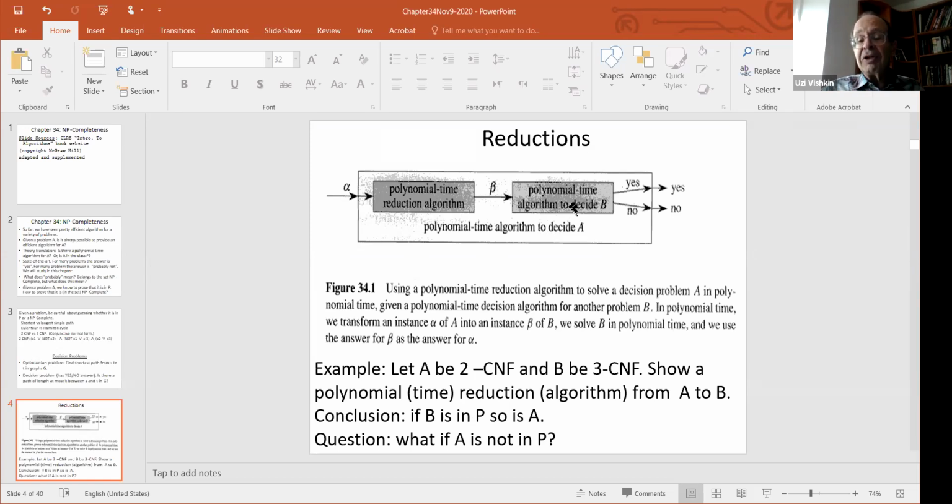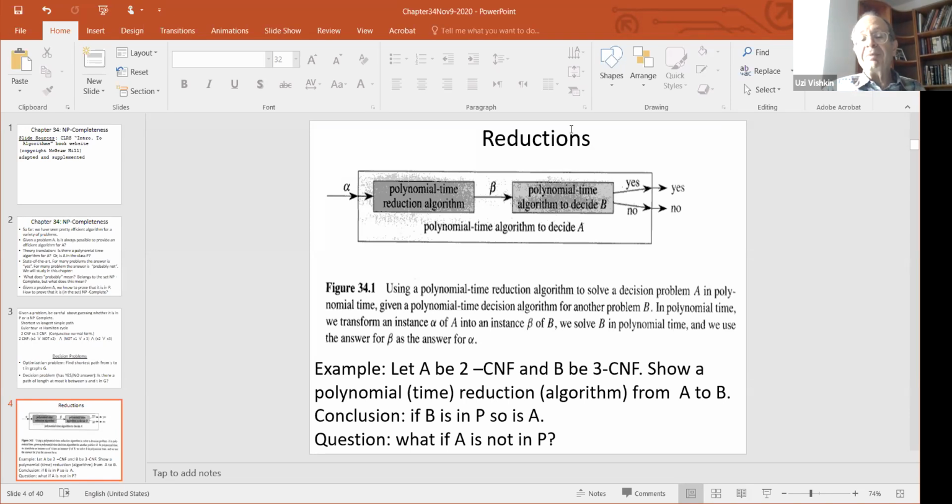Can B have a polynomial time algorithm? Again, I told you A does not have a polynomial time algorithm. Suppose that I gave you a polynomial time reduction from A to B. Is it possible that B will have a polynomial time algorithm? It is possible or not?